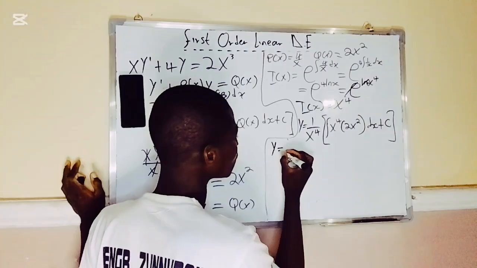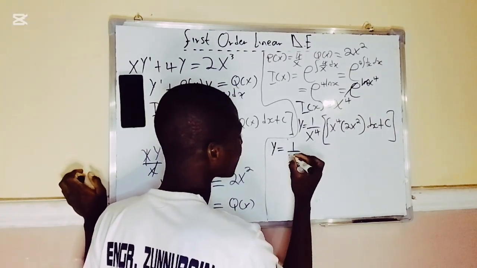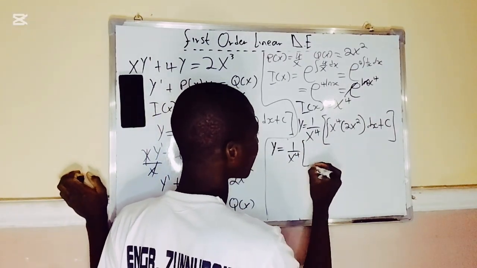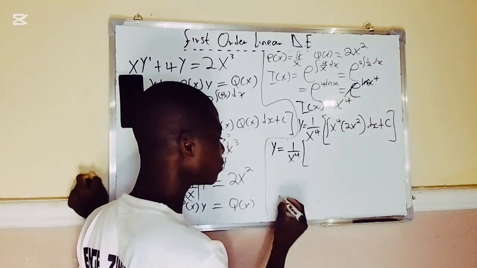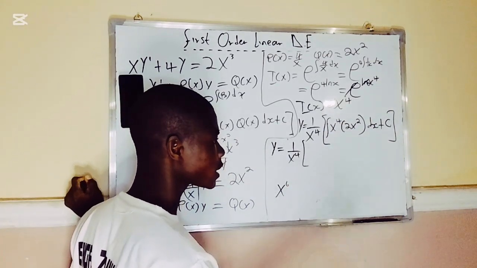So y equals 1 over x to the power of 4 times the integral of x to the power of 4 multiplied by x squared, which gives x to the power of 6.